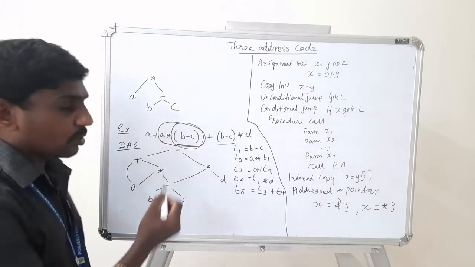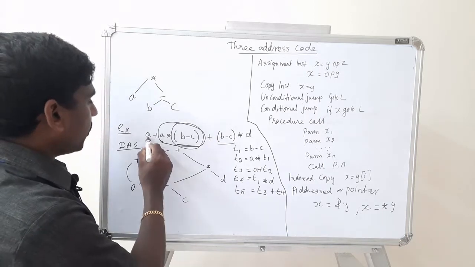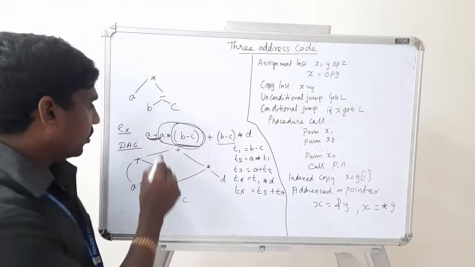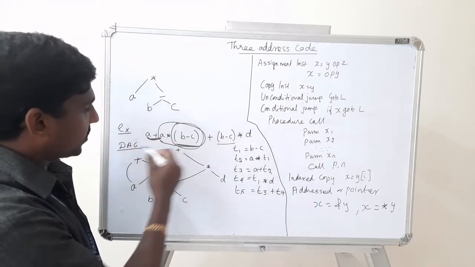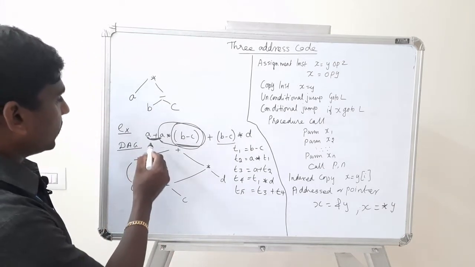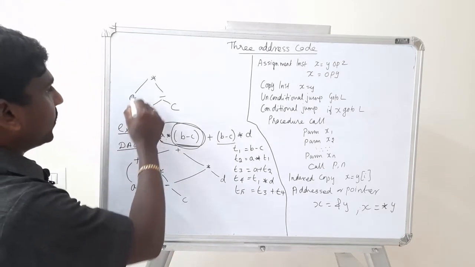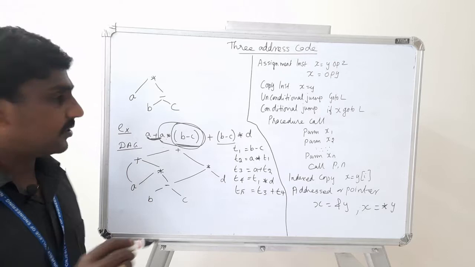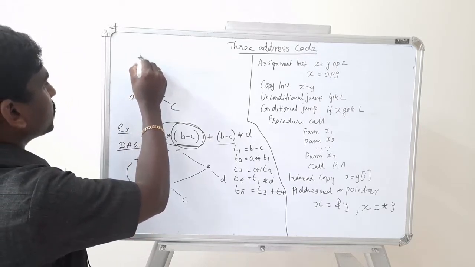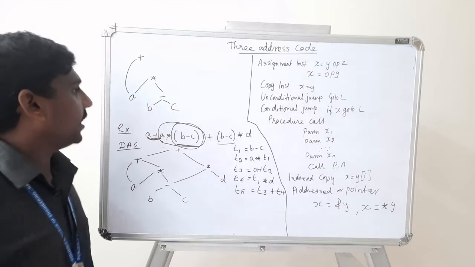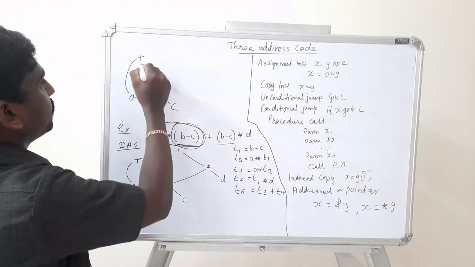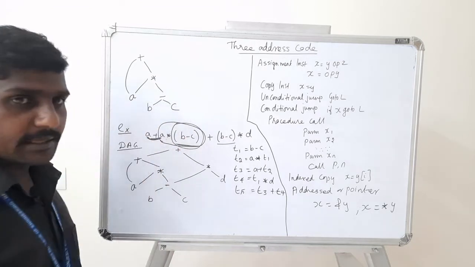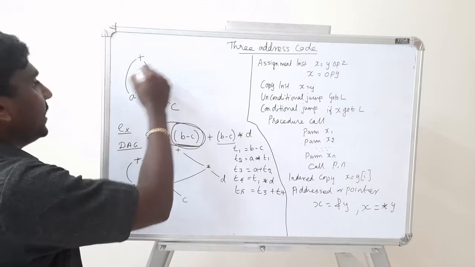Since a is already there, we represent it only one time. That is the advantage of a DAG. So we use plus and put an arrow from a to plus. This means a plus a star b minus c.